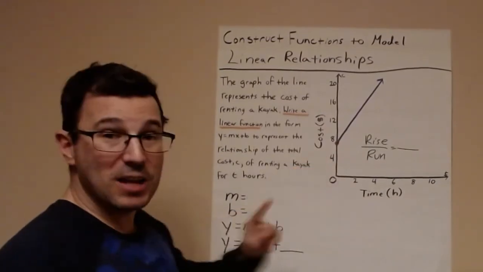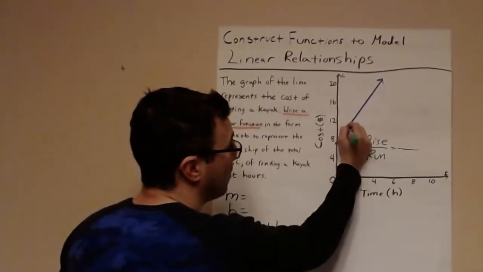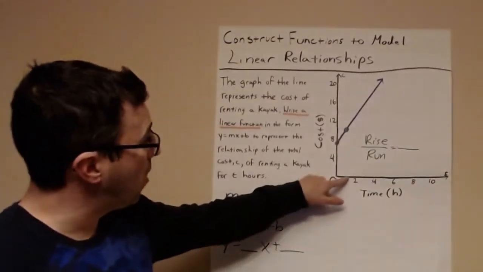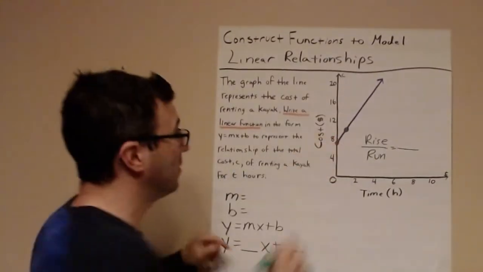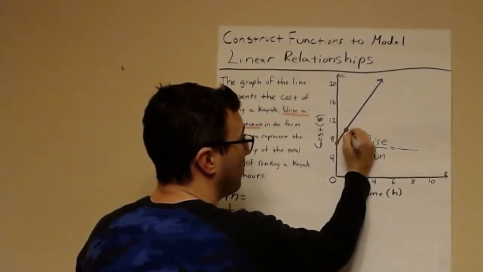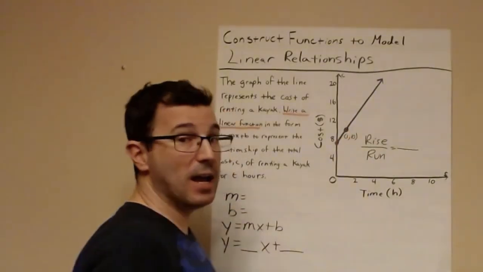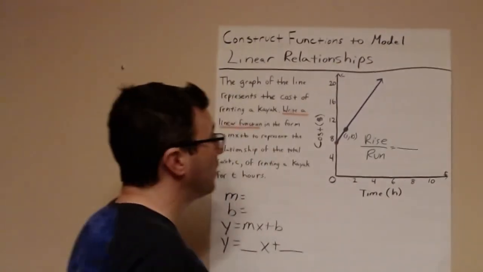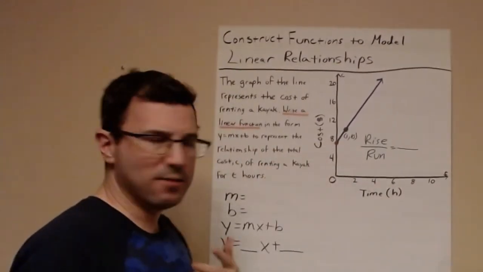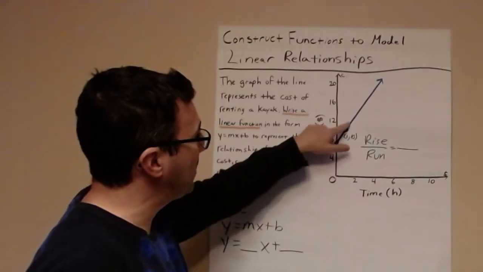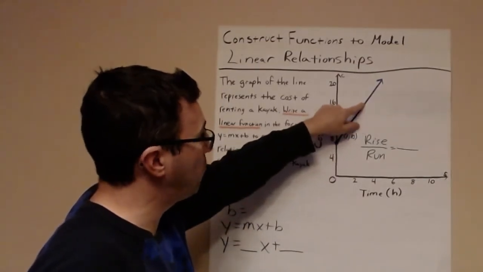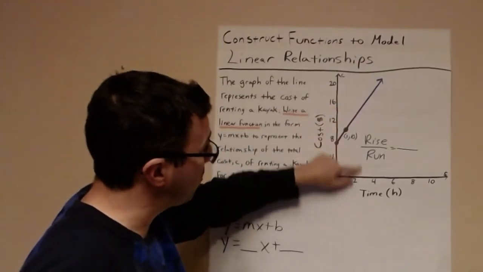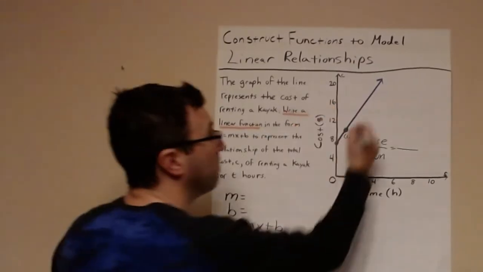And when I look, I notice that there's a good point right there at what looks like (1, 10). So I'm actually going to write that. Oh well, the cap's going to fall off my pen. (1, 10), just so I can keep track of this. And then here's another good point, right up here, at what looks to me to be (3, 16).